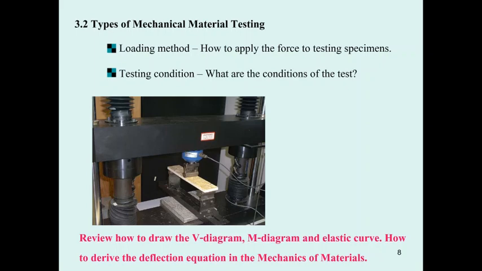Okay, from this one, we can model the test over here into this picture. The force from the machine that can be measured by this blue cell is P, and then the deflection of the beam can be measured from the lift up of the bottom.